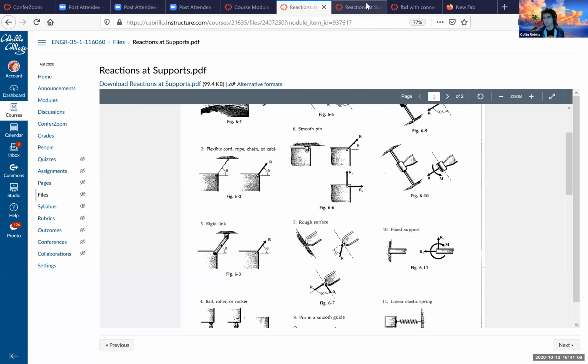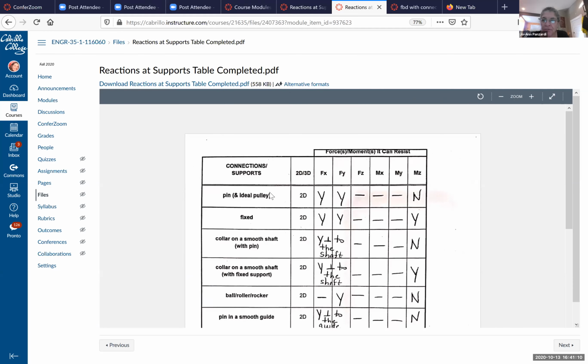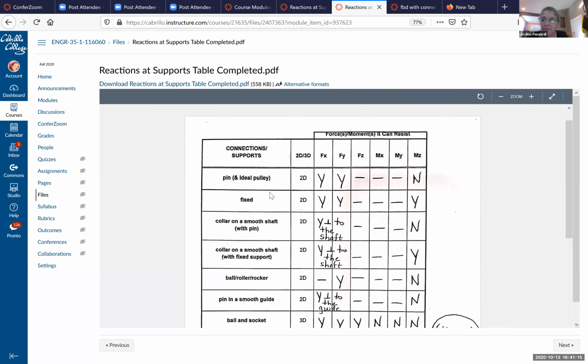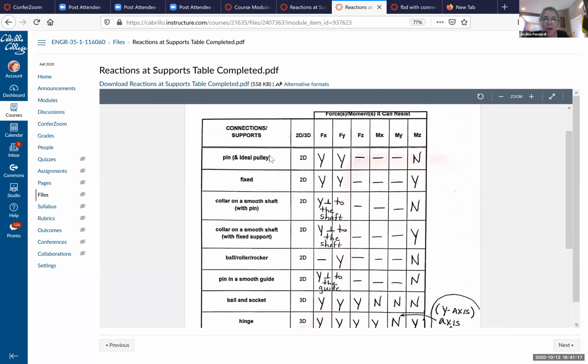Okay, so when you filled out that table, this is the table you had, right? So a pin is a 2D object. It has nothing to do with force in the z or moment in the x or y.